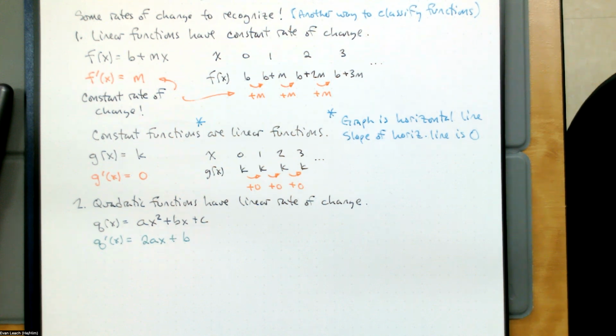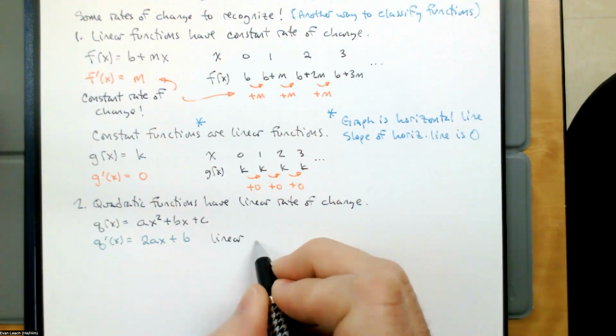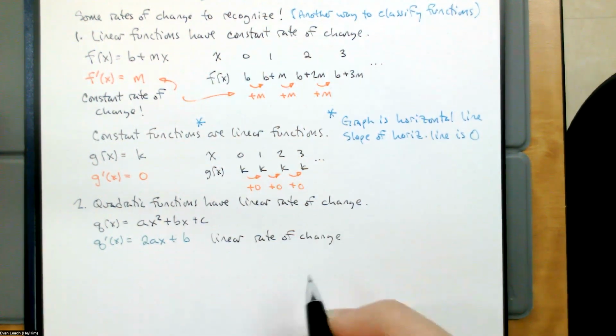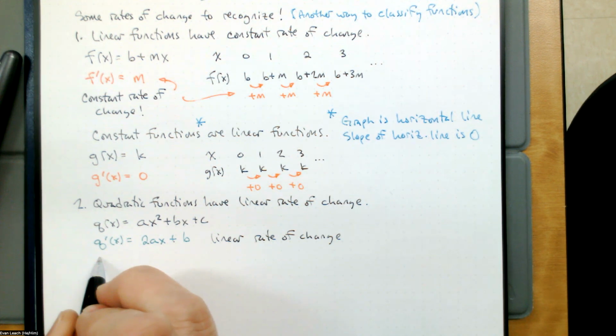But here is a linear rate of change. Because if I take another derivative, the derivative of this derivative, we get a constant.